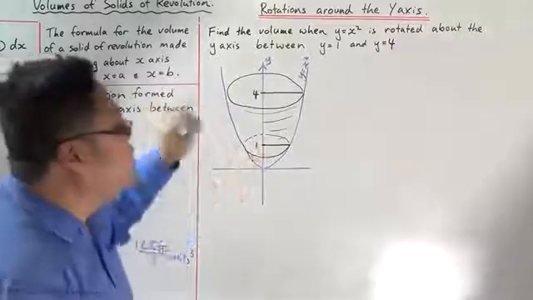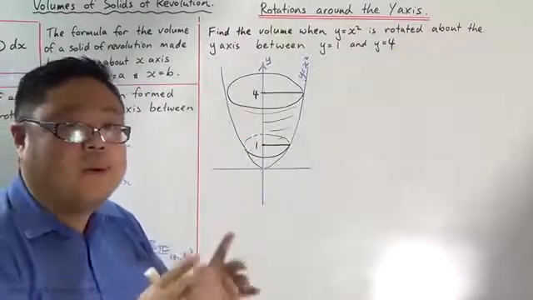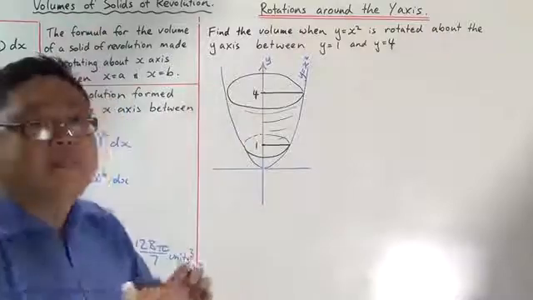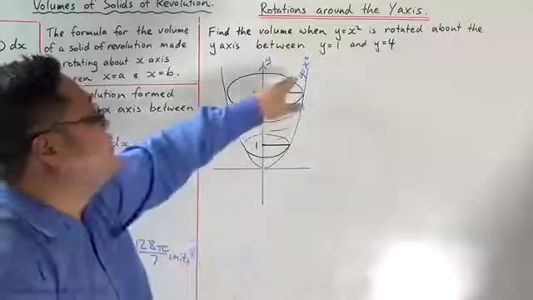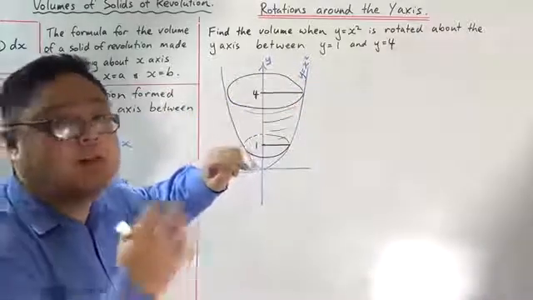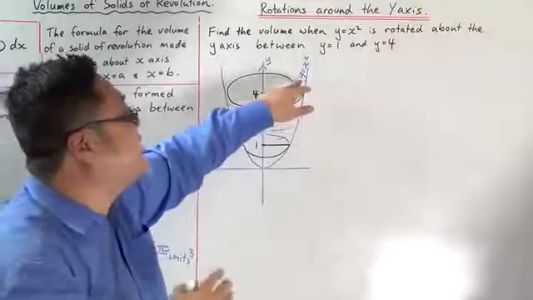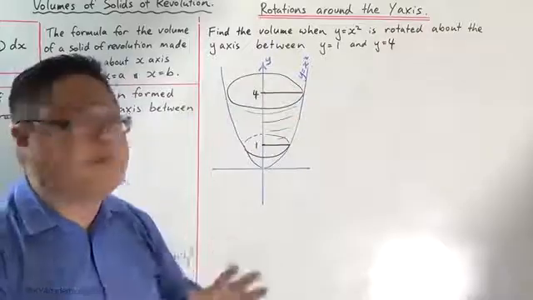To do this sort of question, the first thing we have to do, remembering that we're rotating about the y-axis, is change the subject of the formula. We need to make the function expressed in terms of x as opposed to in terms of y.